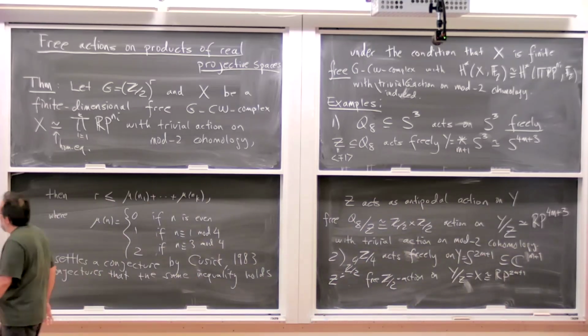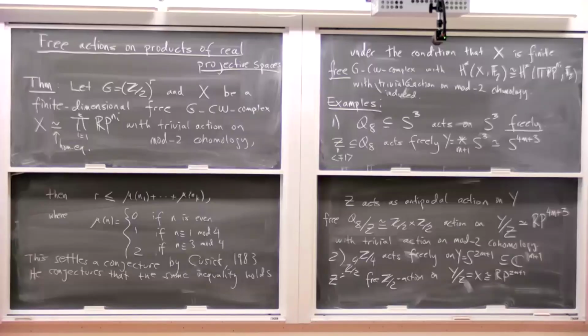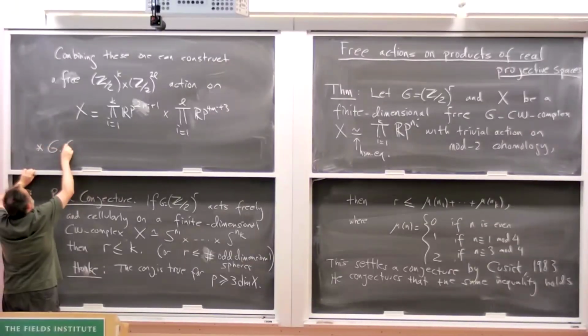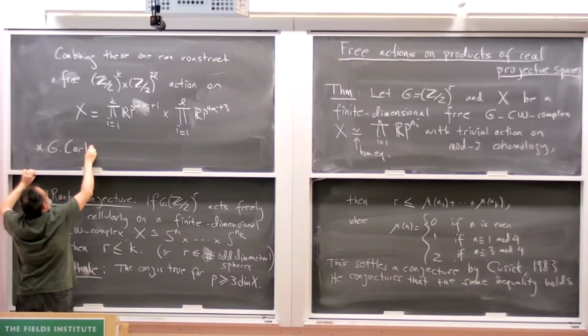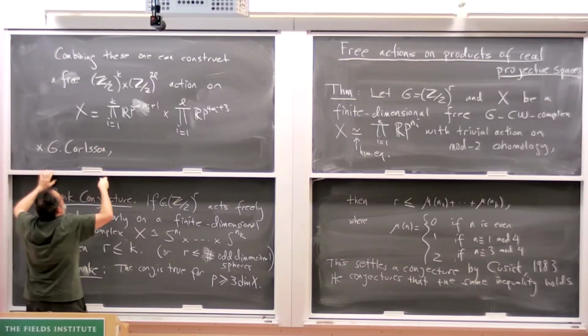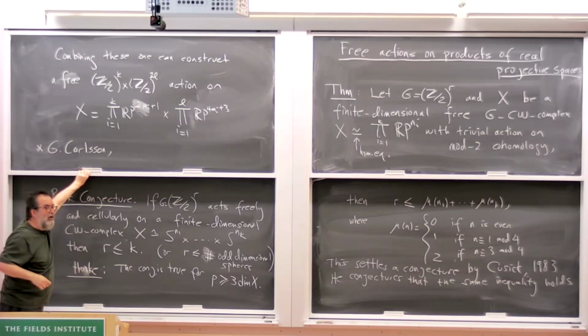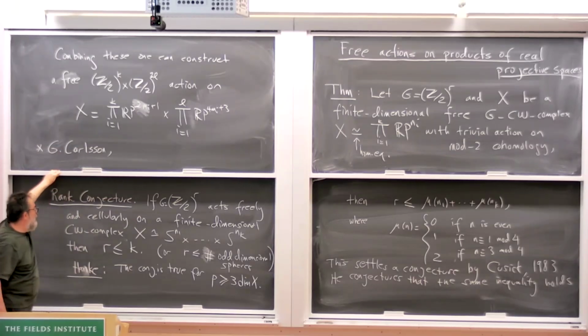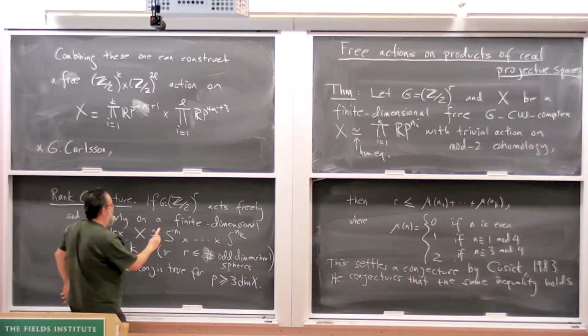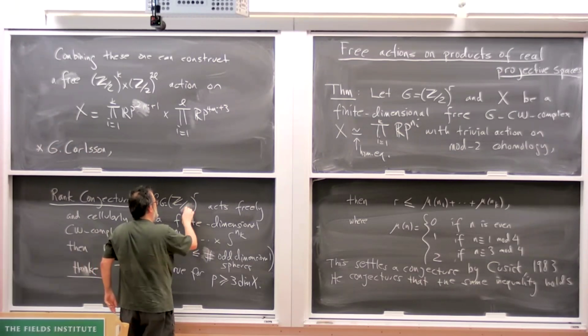Lots of people had results on this. I'm not going to give a survey, but some of the names I want to mention. Gunnar Carlsson has theorems. Oh, sorry, so this is P. This is more general.